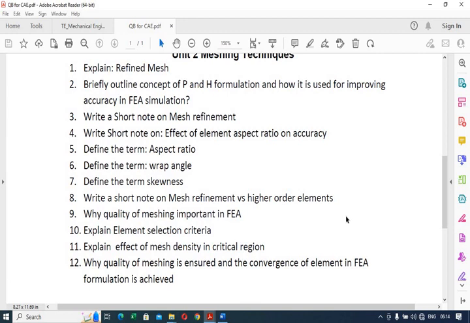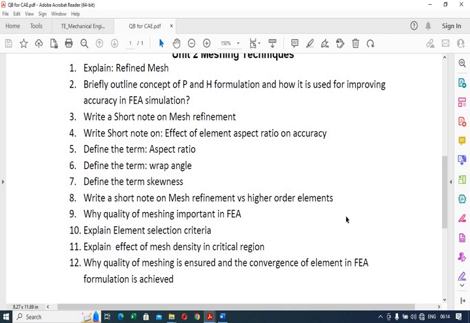Next question is: why is quality of meshing ensured and the convergence of element in FEA formulation achieved? So basically, what is convergence? Say for example, one particular geometry is there. If you divide that geometry into 100 elements and run the analysis, you get the result.